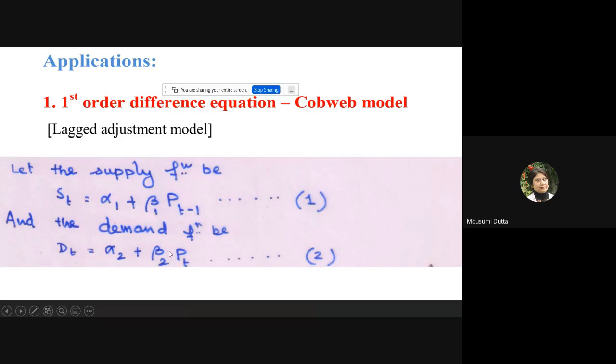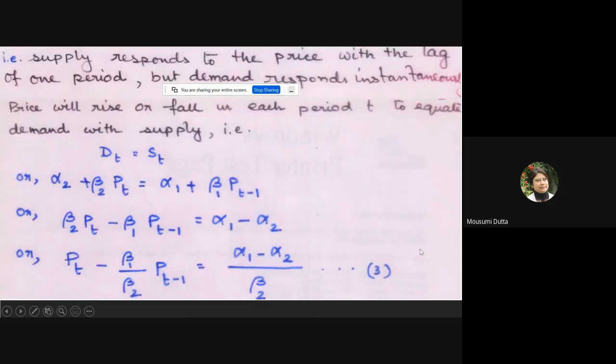Quantity demanded is instantaneously adjusted with the price; Dt is a function of Pt. So supply responds to the price with a lag of 1 period, but demand responds instantaneously.